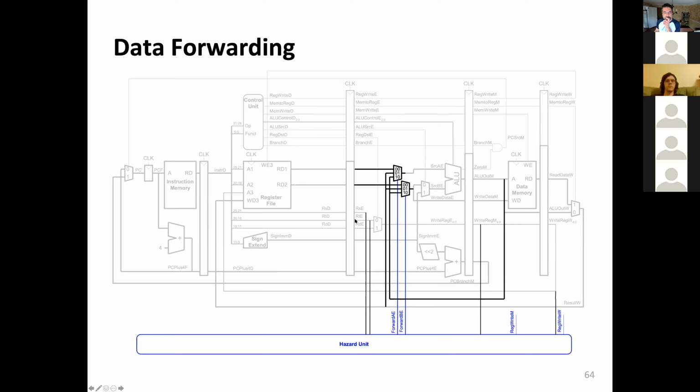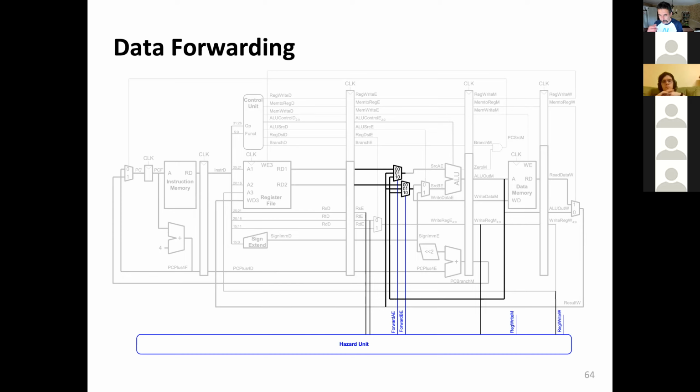And this, you see the connection here as well to this hazard unit. As you can guess, these are needed in order to check, because this hazard unit checks whether any dependency exists or not.